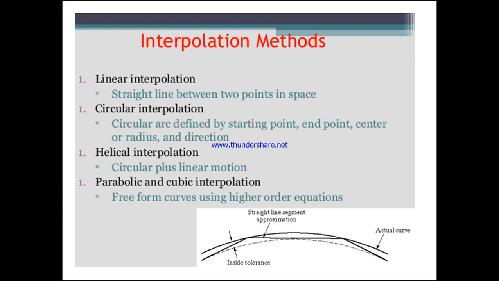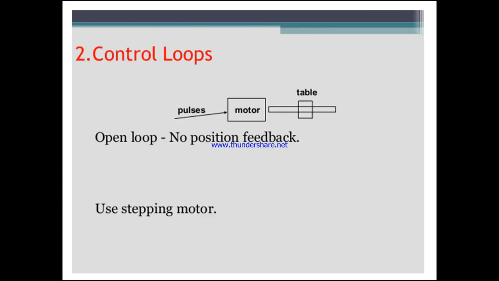Parabolic and cubic interpolation are free-form curves using higher order equations. Based on these methods, the interpolation goes on. You can see the inside tolerance or the straight line segment operation, the actual curve like this, based on the different linear, circular, helical, parabolic and cubic interpolation. It goes on having the interpolation methods.